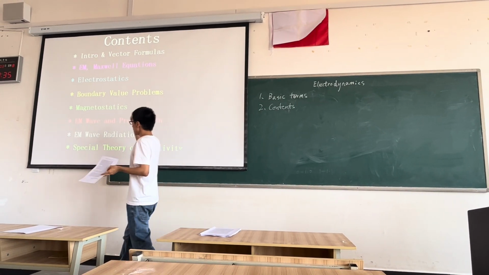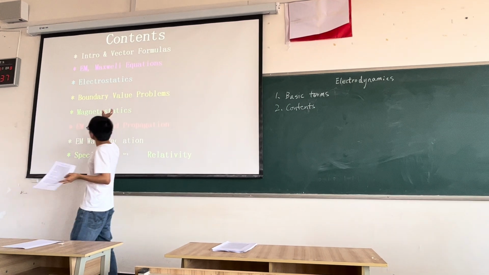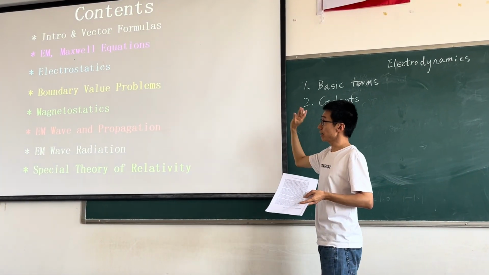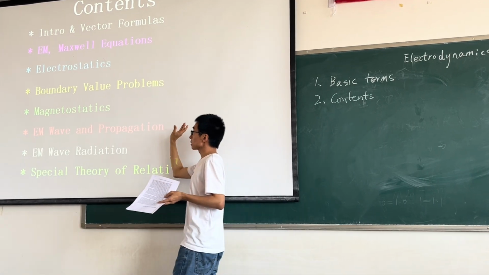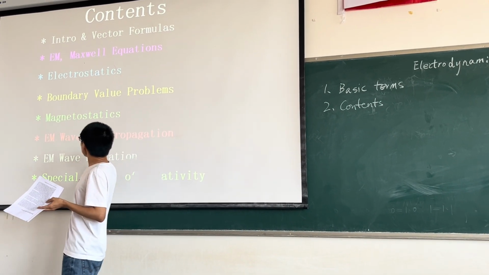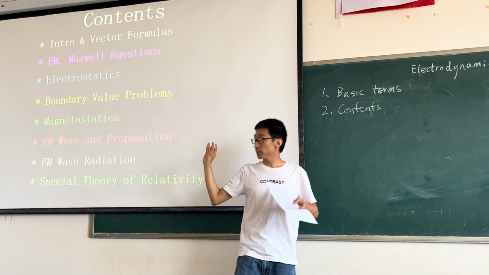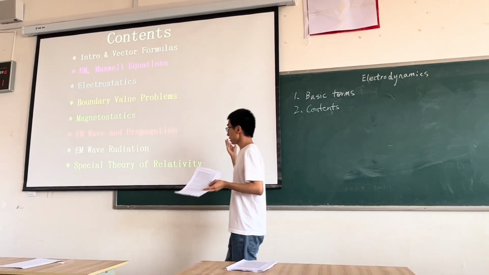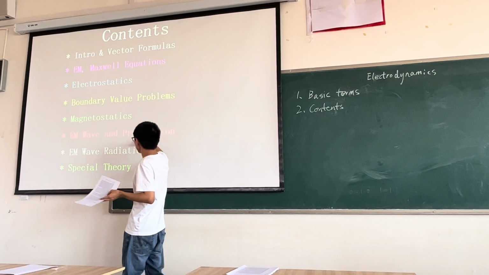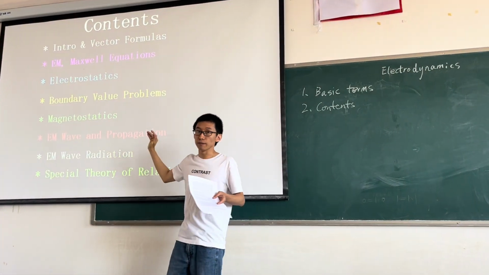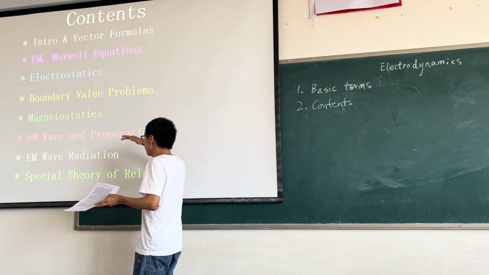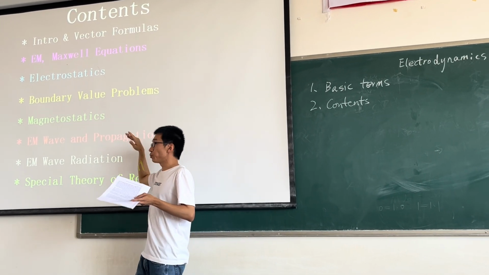Third, I'm going to teach you a little bit of electrostatics, and then the boundary value problems, and then magnetostatics, and EM wave propagation, and then EM wave radiation. So what's the difference between propagation and radiation, if any one of you know? Well, propagation means the wave propagates.